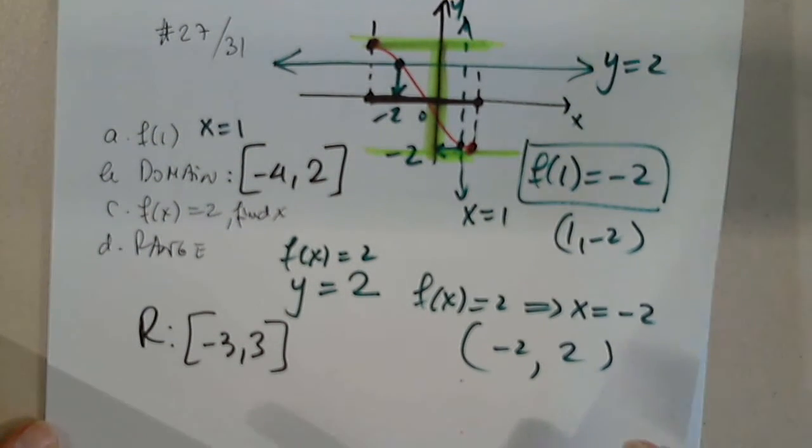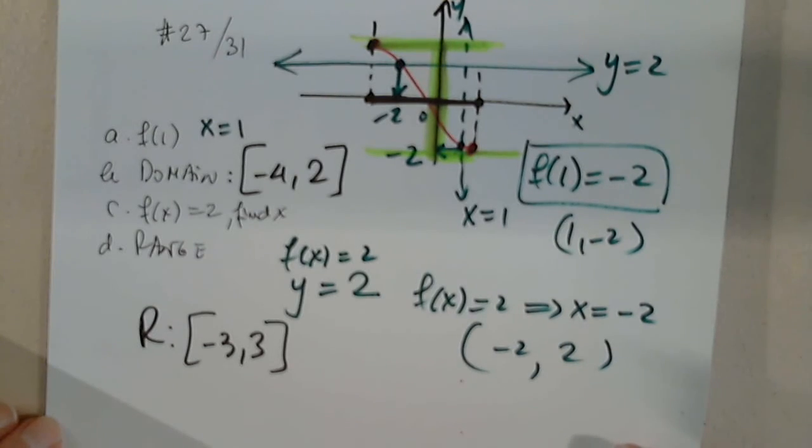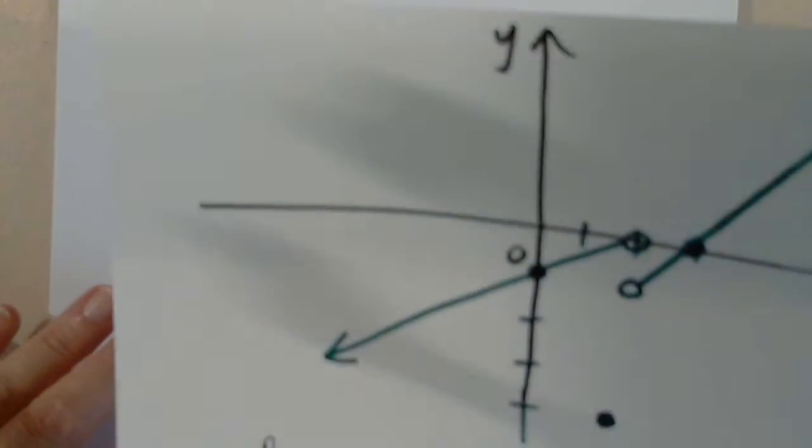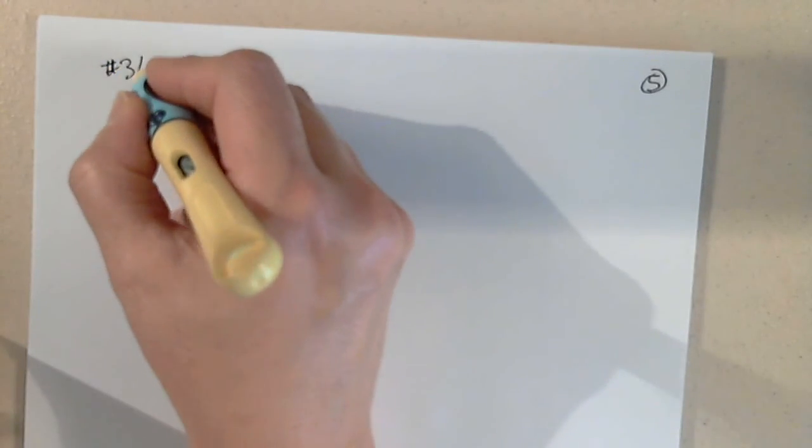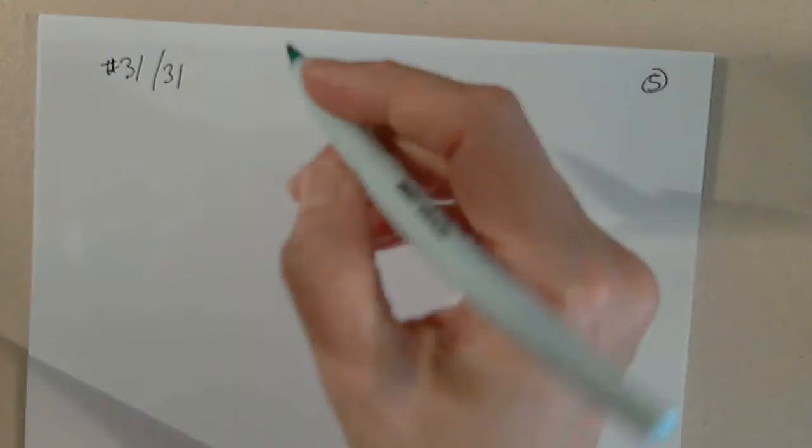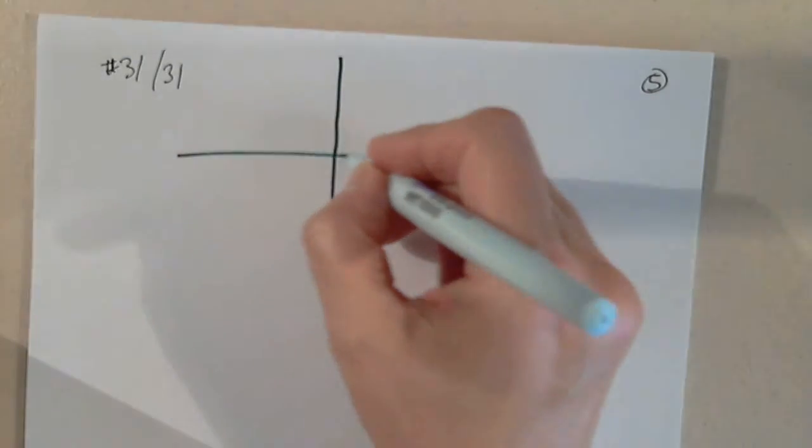I would also like to look at problem 31 on the same page. So we are looking at problem 31 on page 31. And that graph is actually a piecewise defined function.